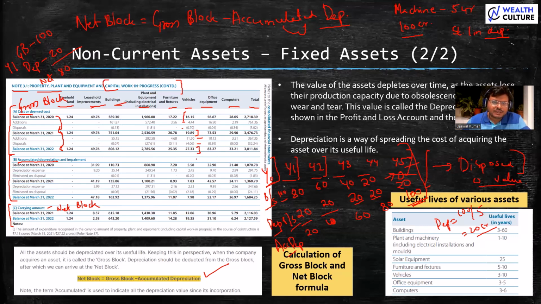Then we come to accumulated depreciation, which is nothing but starting amount plus the addition minus the disposal. Then we come to the end of the year amount. So if you look at 2021, the starting amount is, this is your net block, right? 12.06 crores, and that has gone to 19.35 crores.